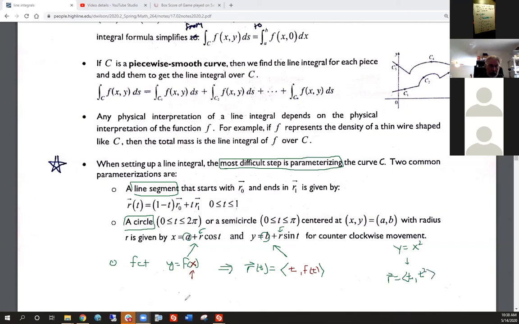Questions about this? Just say x equals t, and so y equals t squared, right? Exactly.